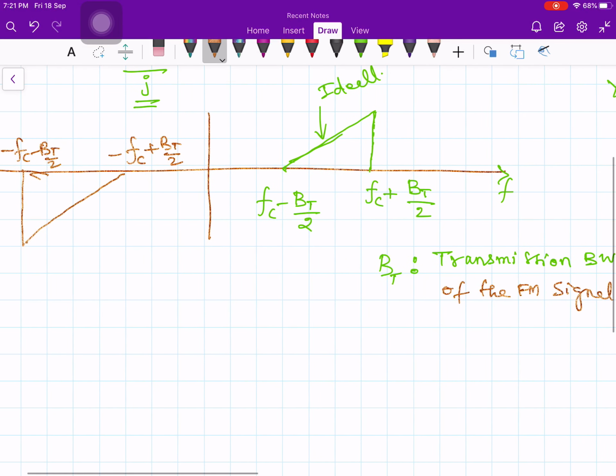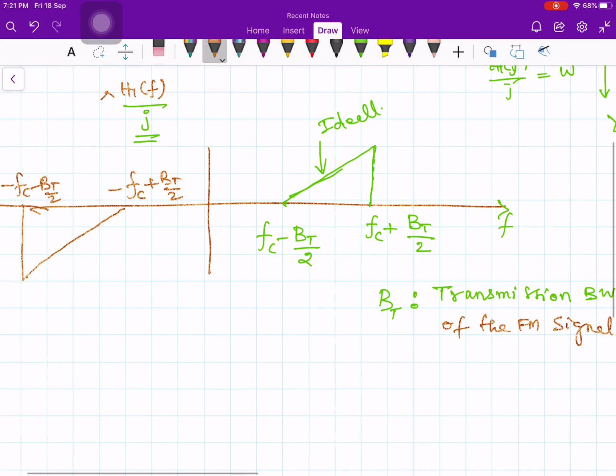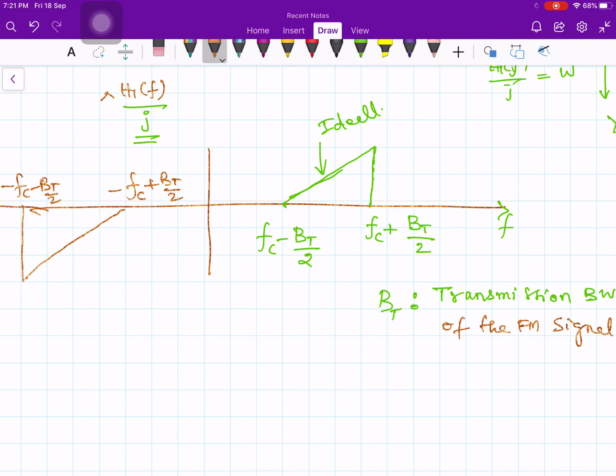This is the idealized filter that serves my purpose, corresponding to one of the two bandpass filters. Any of the two bandpass filters, I am trying to realize this kind of characteristics. I have two bandpass filters, right? Bandpass filter 1 and bandpass filter 2. Let us try to realize any one, either bandpass filter 1 or bandpass filter 2, it doesn't matter.